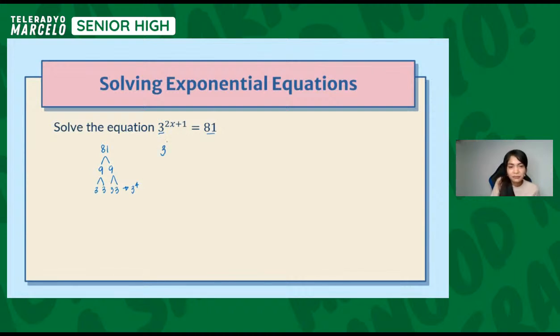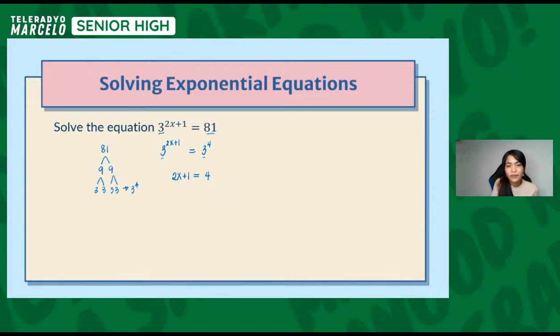So let's do that. We have 3 raised to 2x plus 1 equals 3 raised to 4. So in this case, we already have similar bases, which is 3. Therefore, we can now equate the exponent with each other. So we will have 2x plus 1 equals 4. Yan.